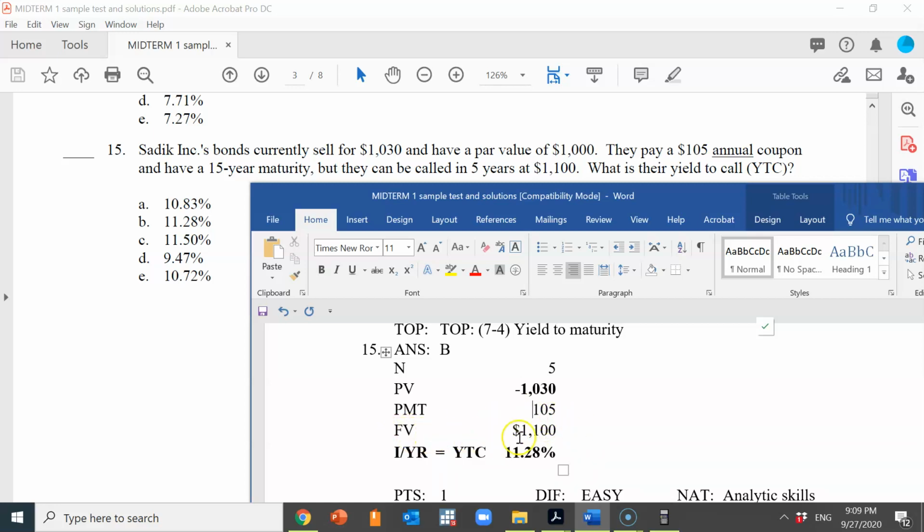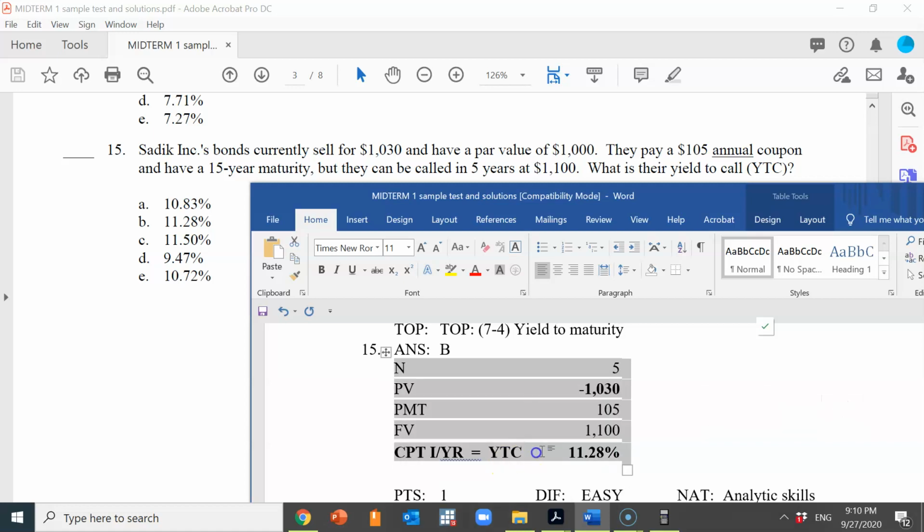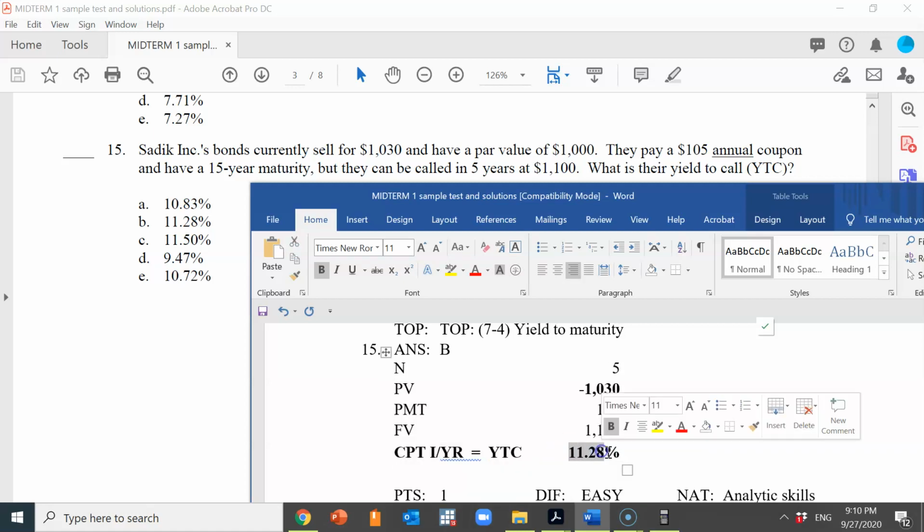Future value, it should be the bond call price, 1100 instead of the par value. And then compute for I. Okay, compute for I, we should get the yield to call, 11.28. Add back the percentage sign, we choose option B.